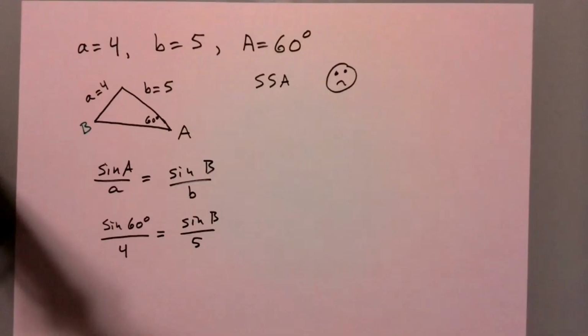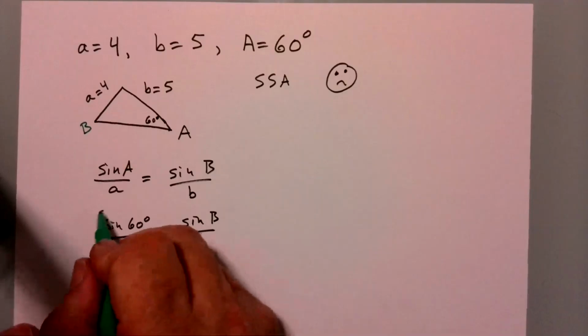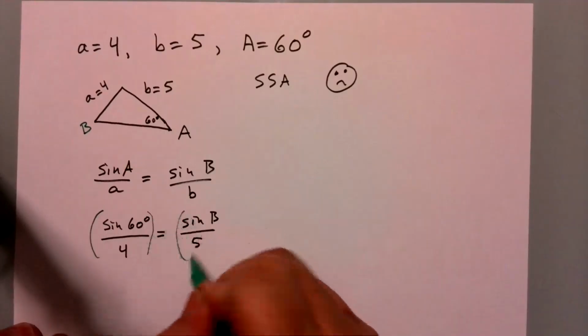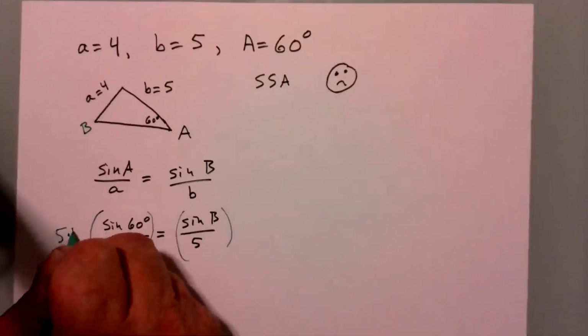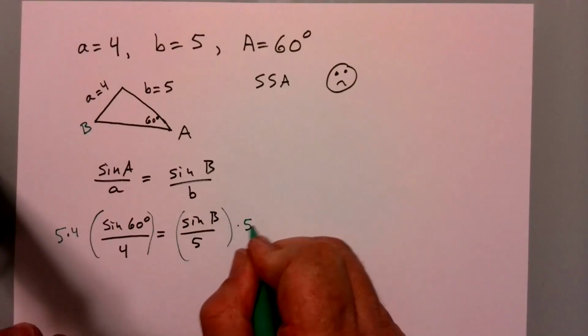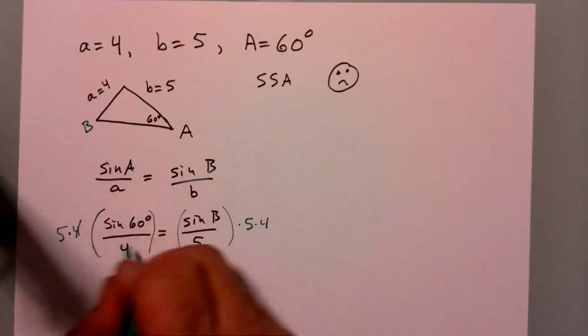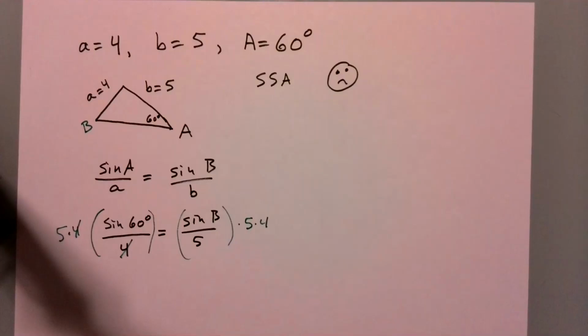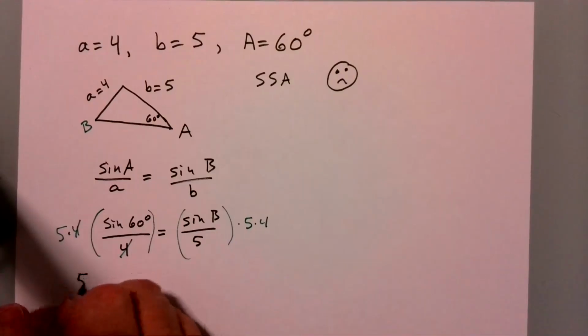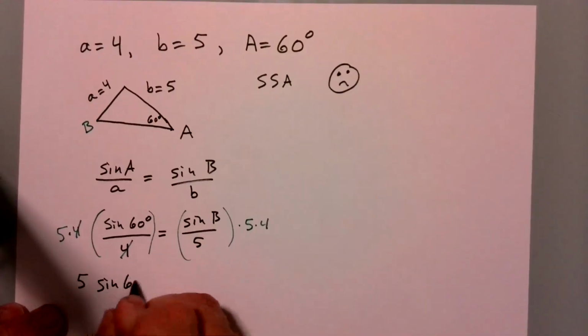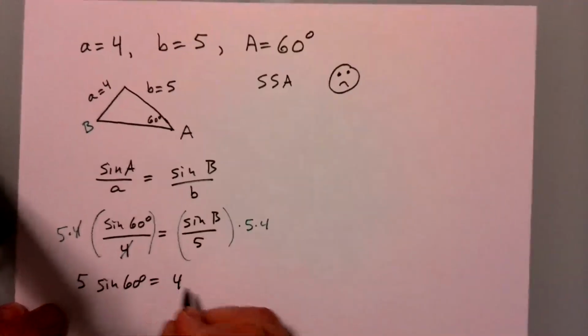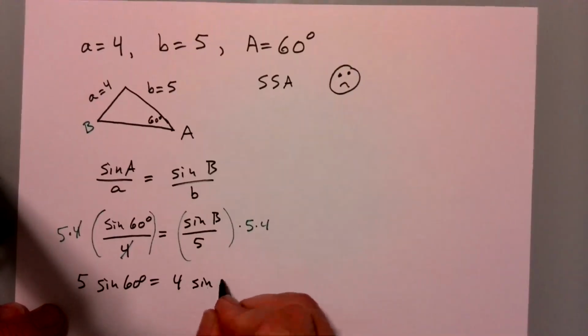Okay, that's great. Multiply both sides by 5 times 4. The 4's cancel. I have 5 times sine 60 equals 4 times sine B.